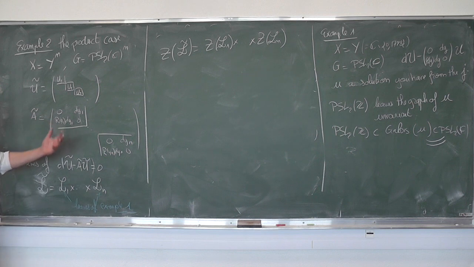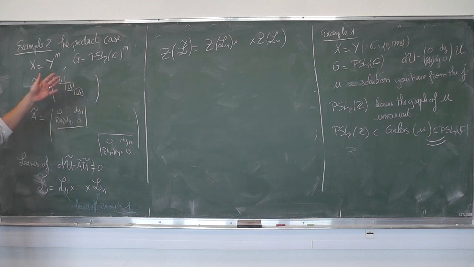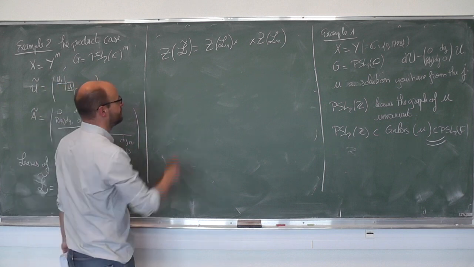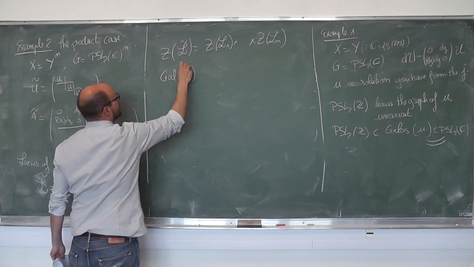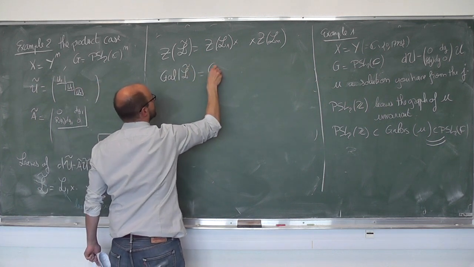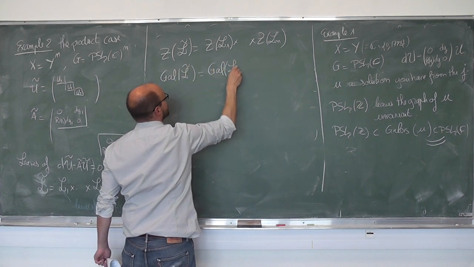Yeah, it is clearly inside, and then you cut. You fix a point here, you cut everything by fibers, and you will get this equality. And because of this, the Galois group of the product is the product of the Galois groups.